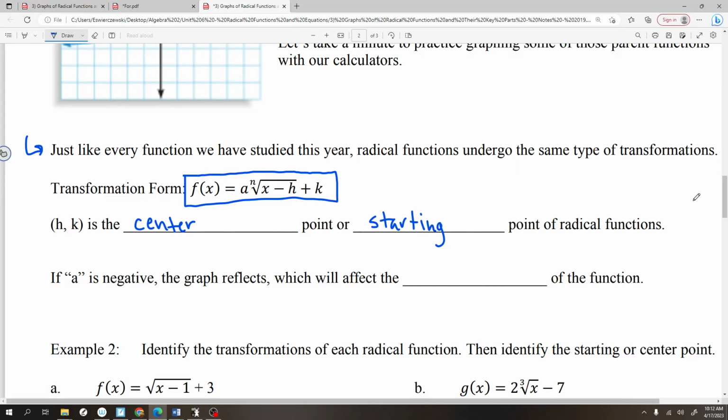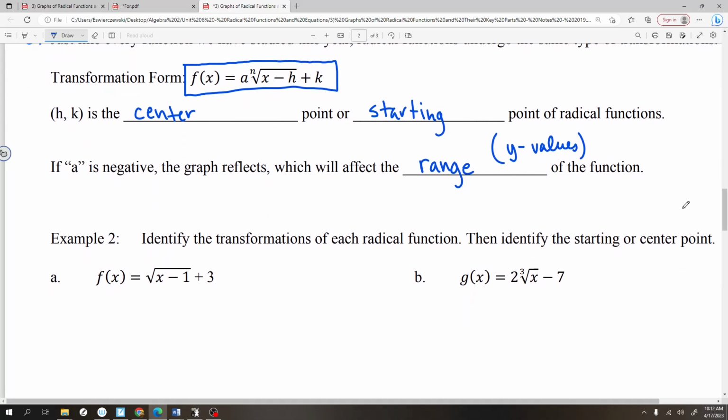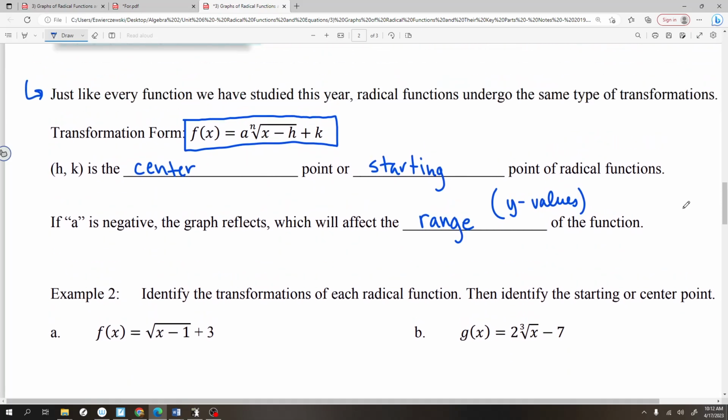So it says, if A is negative, the graph reflects. This will affect the range of the function. So it will affect the possible y values. Unit 6, lesson 3. I have to check it for you. Yes. So we need to remember this form.